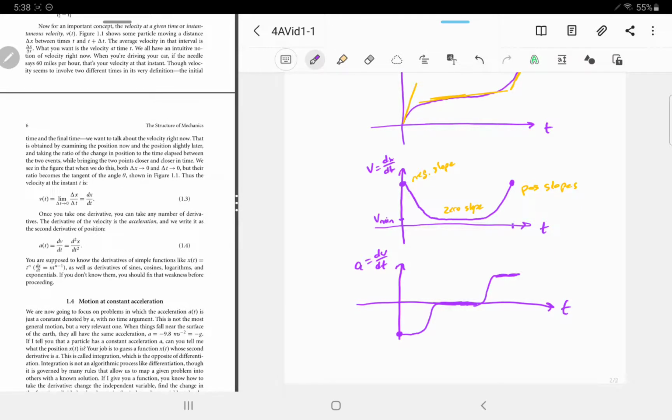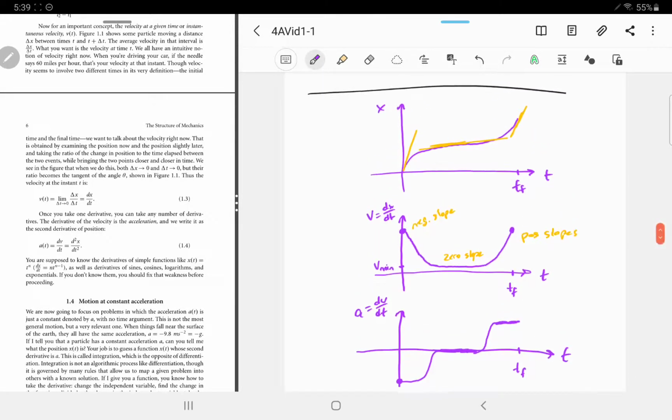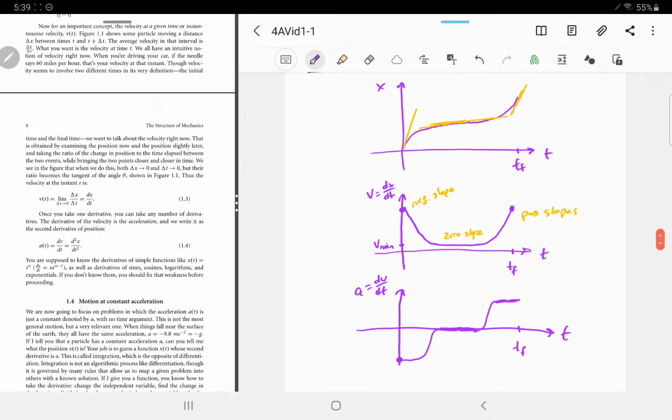This final time value is supposed to be right here or right here. So this is TF in both these cases. So three very different graphs, right? We started off right away with a negative acceleration, which means that the velocity is decreasing.